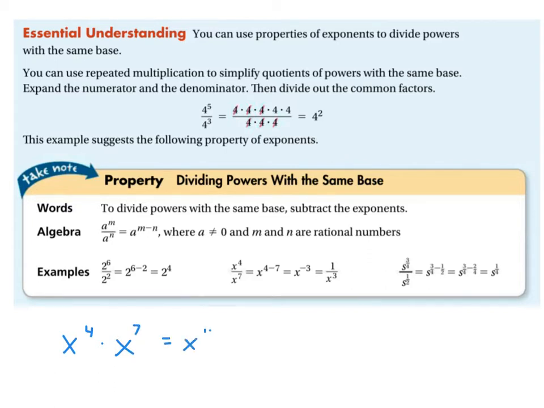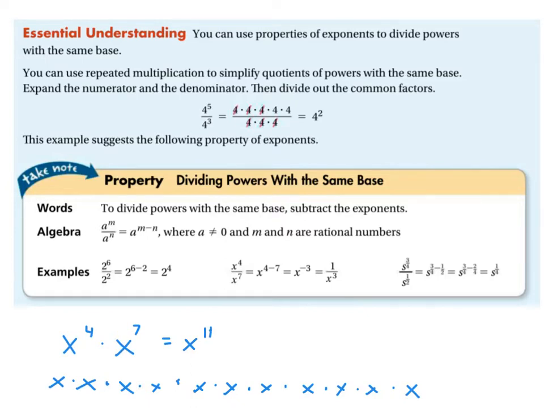Because x to the fourth is x times x times x times x, and x to the seventh is x times x times x times x times x times x times x. If you multiply x to the fourth, or 4 x's, times x to the seventh, or 7 x's, you ultimately get 11 x's being multiplied together. And so you add the exponents.